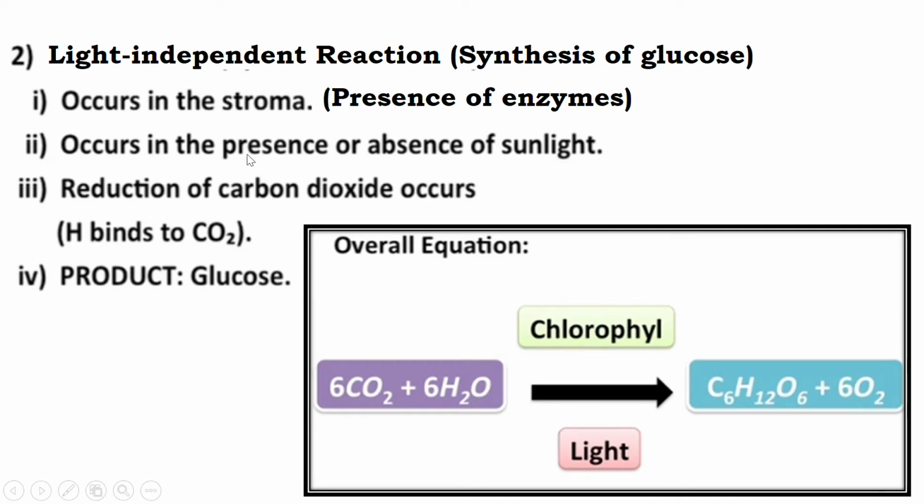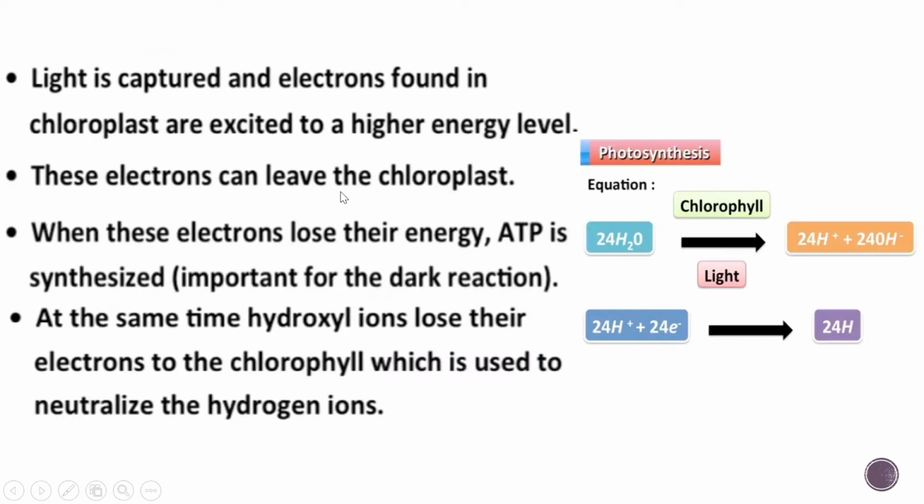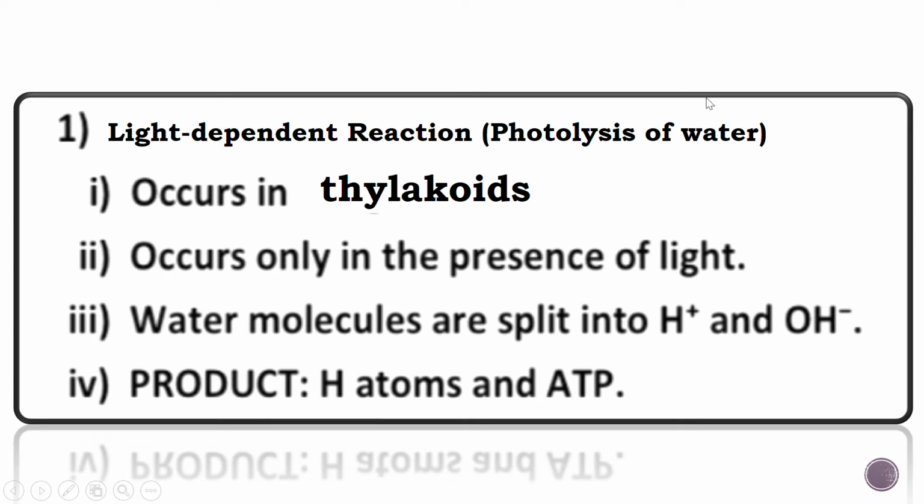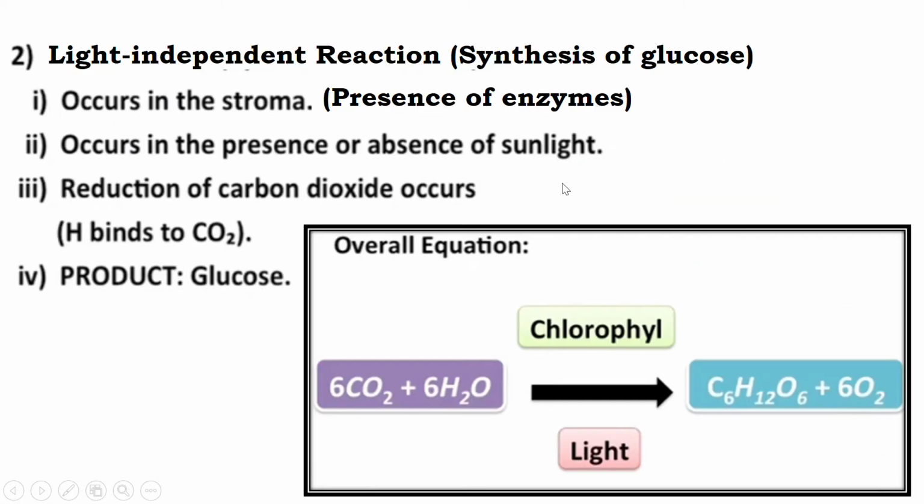So it's about this carbon dioxide. We know photosynthesis needs water and also carbon dioxide. Just now in the first reaction, we already talked about water. In the second stage now, it's the story of carbon dioxide.